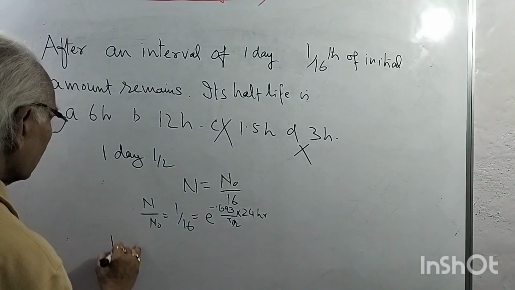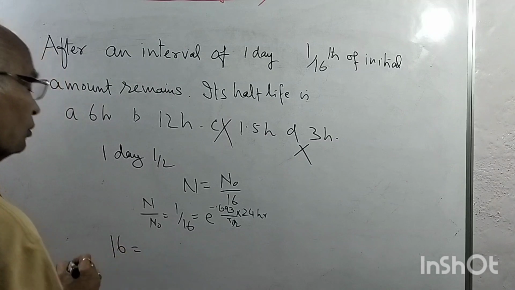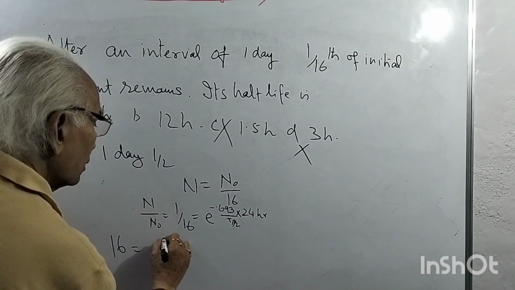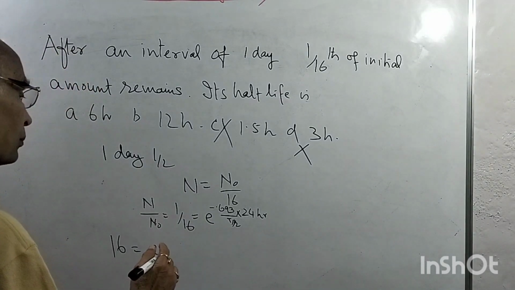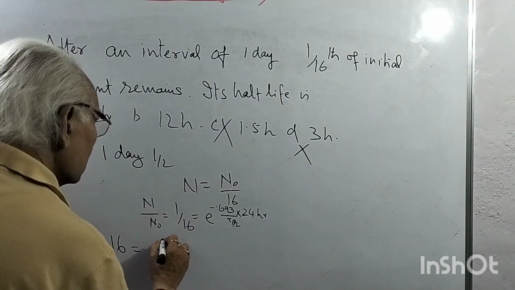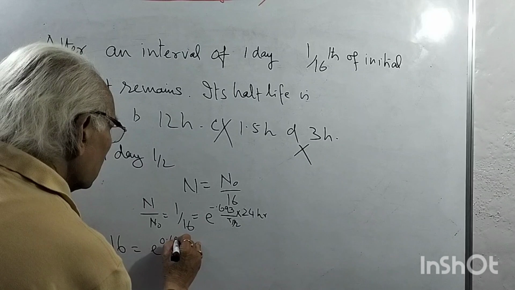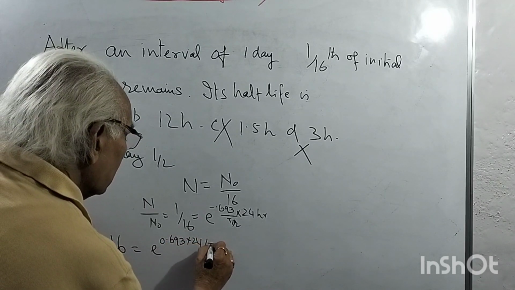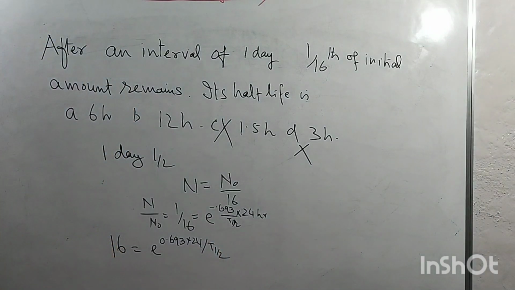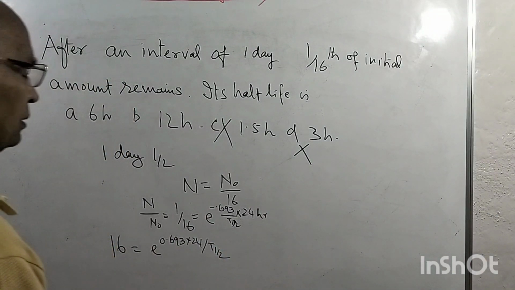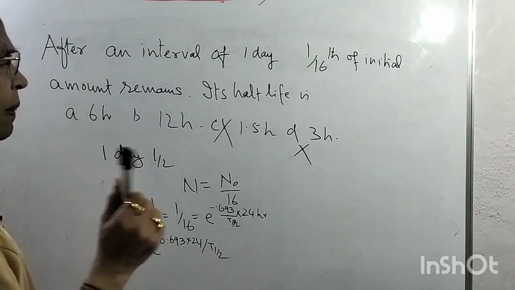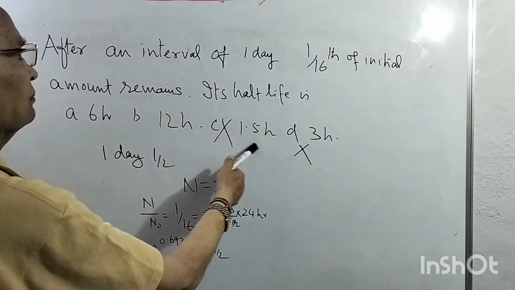That is 16 is equal to e to power 0.693 times 24 divided by t half. Just from this you get the answer. Solve this. But from common sense I am getting that these are large.